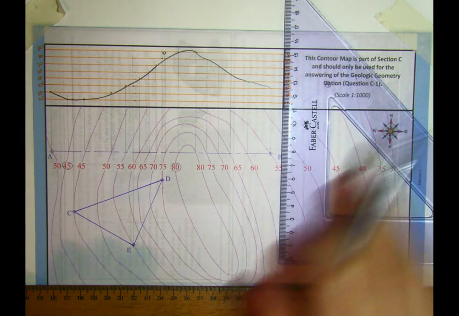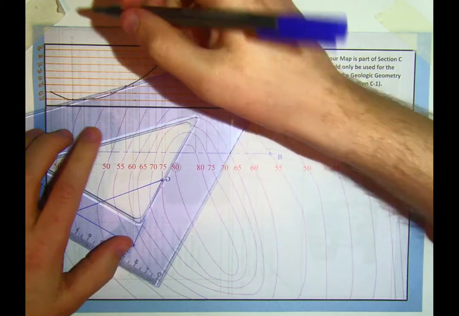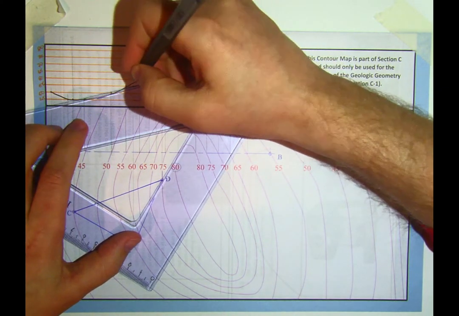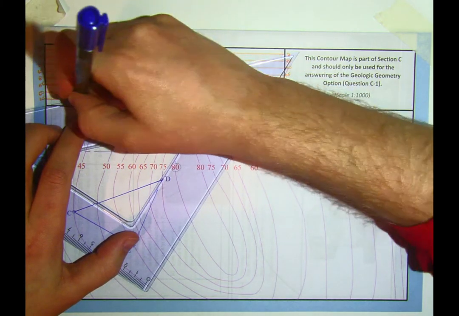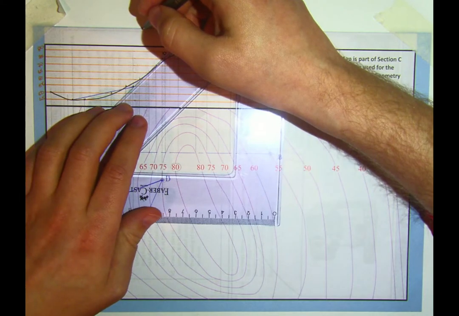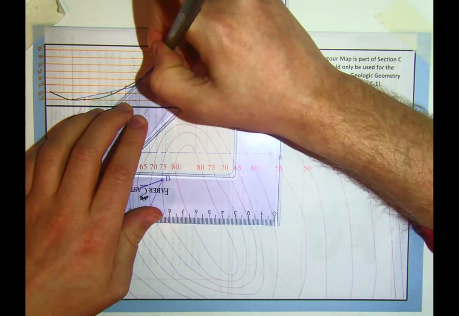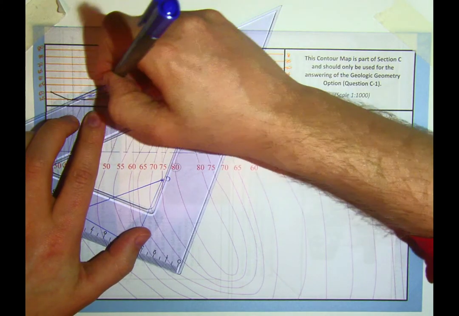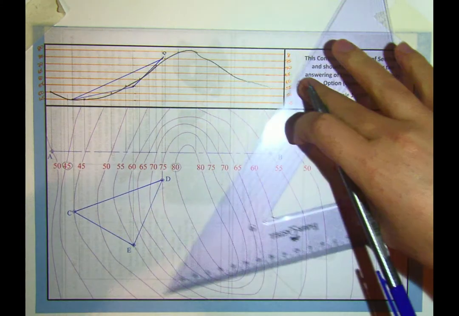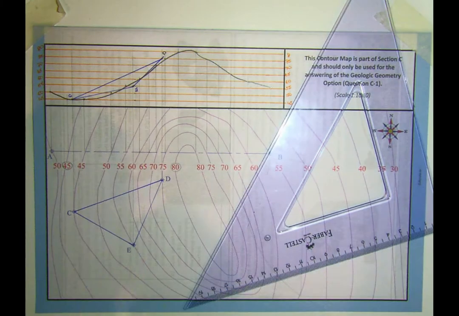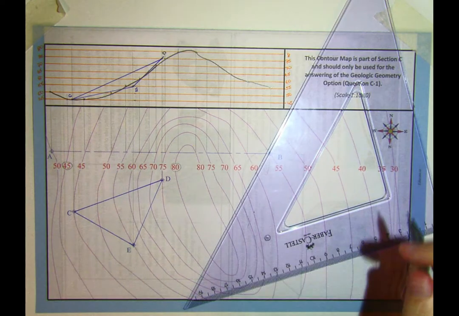We're asked to draw the triangle for that, so that's just joining the 3 points together. That gives us the 3 points there.